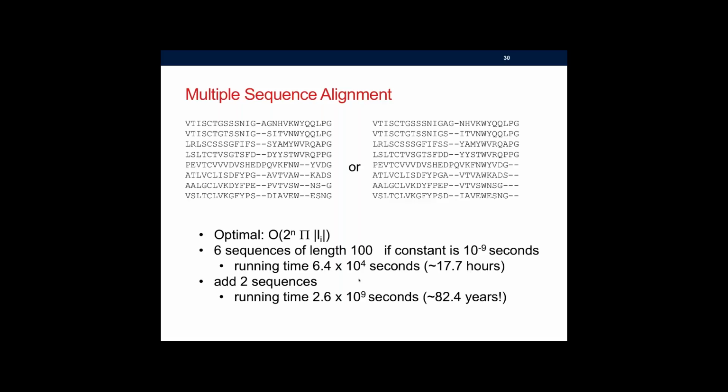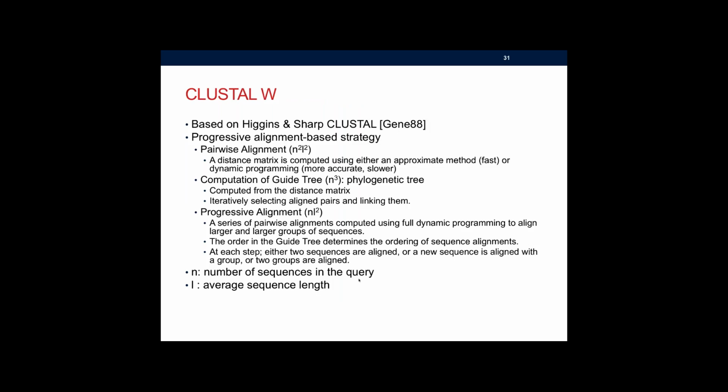If we use an optimal algorithm which will basically enumerate all possible solutions, even with a small number of sequences this may take hours, and if you add a few more sequences, this may take years, right? Some of the problems will be intractable, so we cannot solve them optimally, but we have good heuristic algorithms which will solve them in a faster time, and ClustalW was one of them.